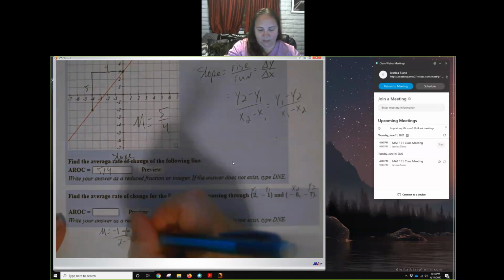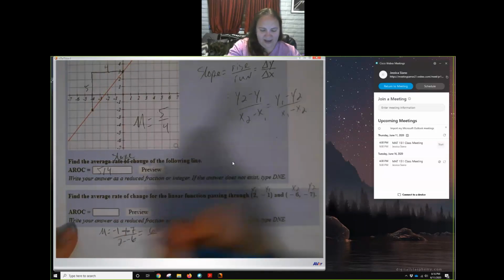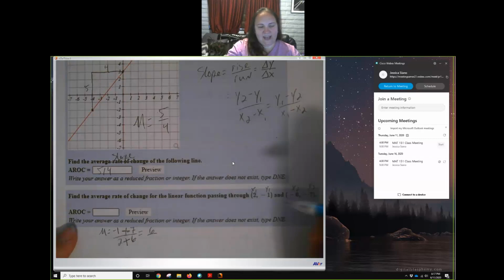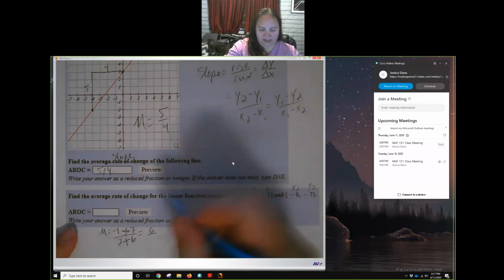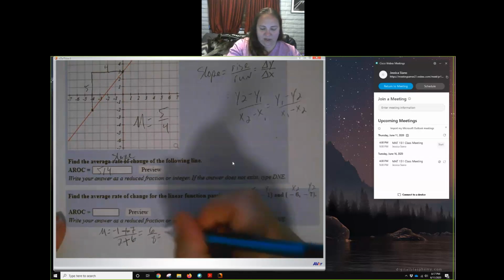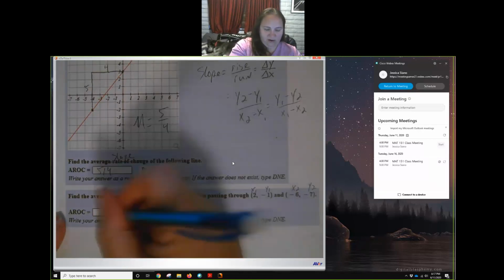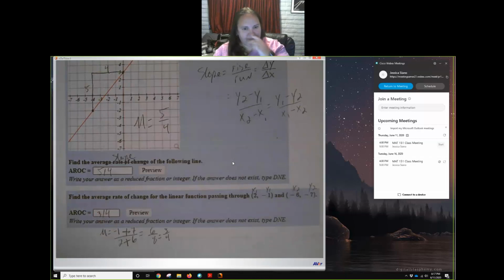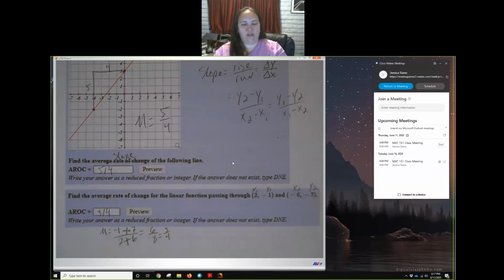So -1 plus 7 is 6. 2 minus a -6, remember minus a negative becomes plus, so that becomes 8. And then 6 over 8 reduces to 3 over 4. So that's slope, or average rate of change.